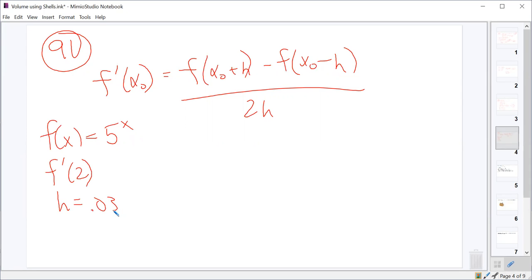All that's telling us is they want you to plug in a value of 2 for x up here, and then a value of 0.03 for h. So they're saying what is f of x, 5 to the 2 plus 0.03 minus 5 to the 2 minus 0.03, over 0.06. They're just having you plug in h and then plugging in that x value of 2.